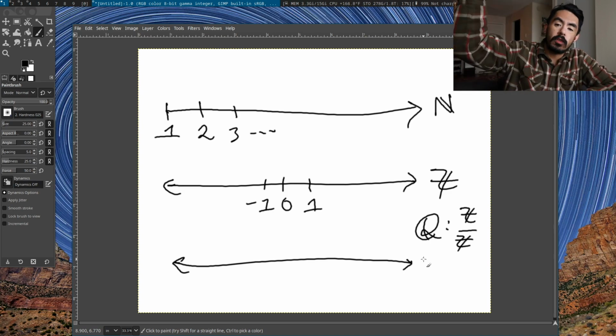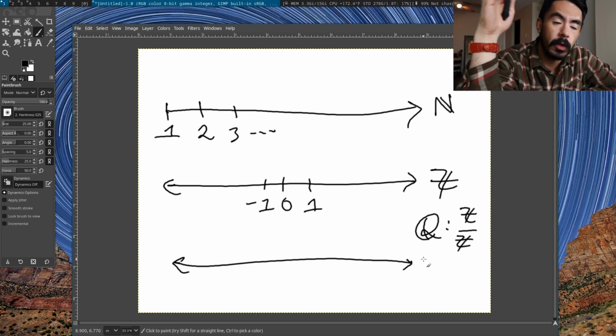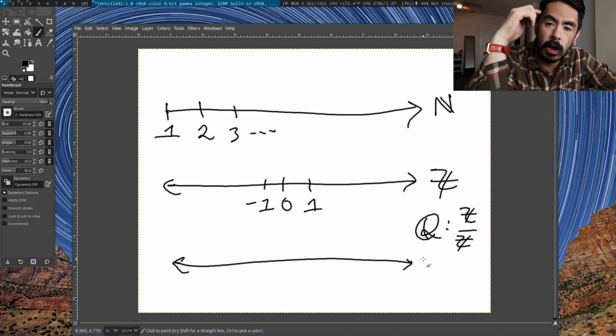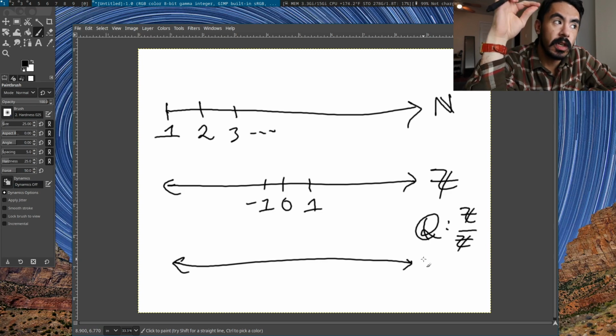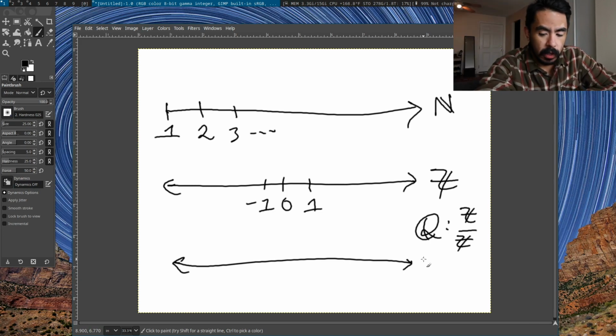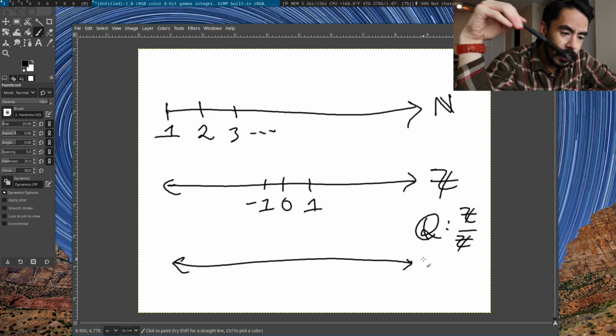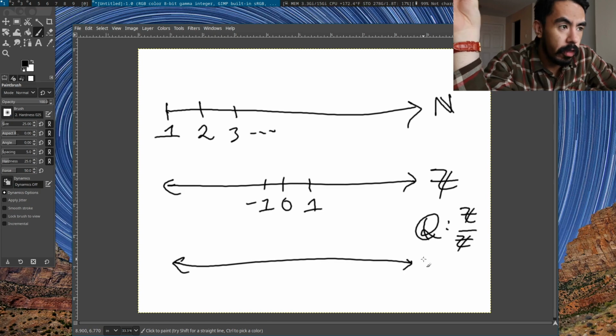You could come up with a bunch of upper bounds for a set of real numbers that's bounded above, but there's a minimum, a least upper bound, of that bounded above set of real numbers.